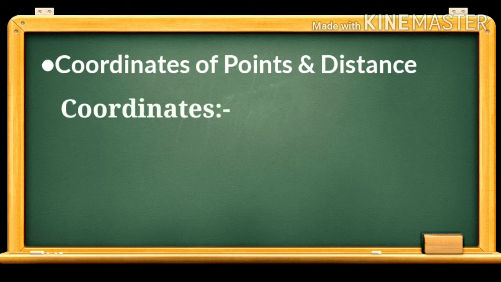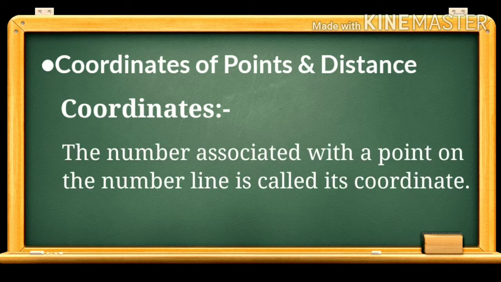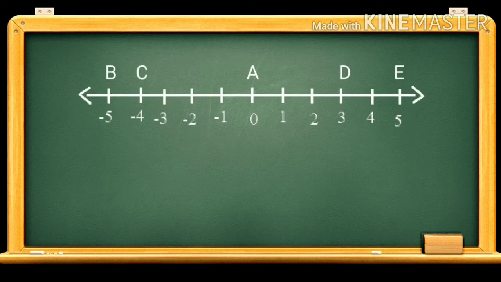So, the definition is: the number associated with a point on the number line is called its coordinate. It means on the number line a number corresponds to certain points, and we give the name for that point. For example, here is a number line.